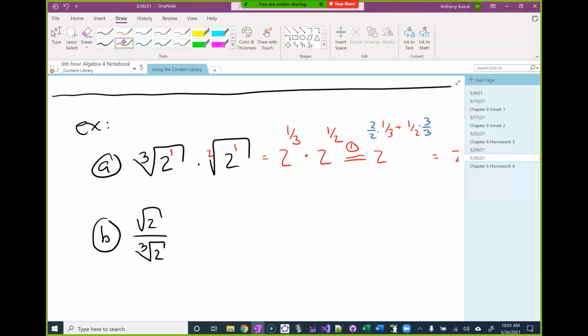Okay. So again, there's no prime factorization to do, so I'm just going to go ahead and convert these straight to exponential form. So square root of 2 is 2 to the 1/2, and cube root of 2 is 2 to the 1/3.